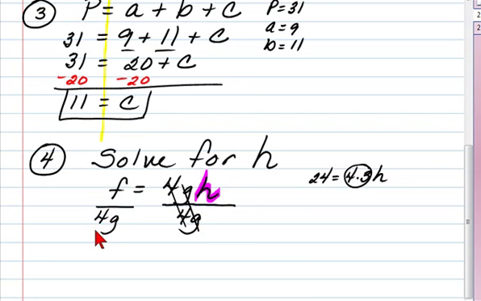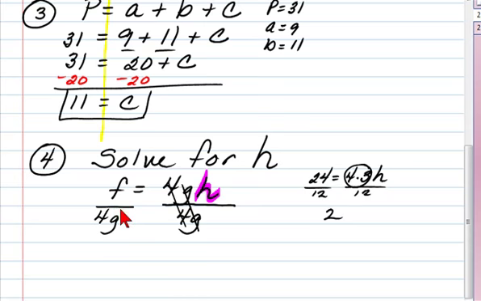Now, in my little number problem that was off to the side, when I divided both sides by 12, we could actually perform this division. You said, oh yeah, 24 divided by 12 is 2. What seems to bother people the most is that you cannot perform this division. Does 4g go into f evenly?